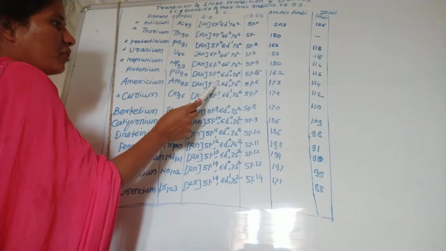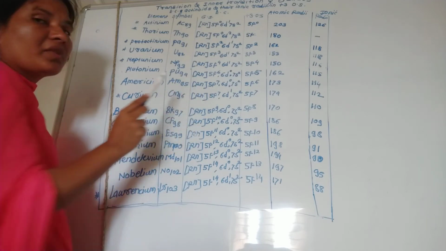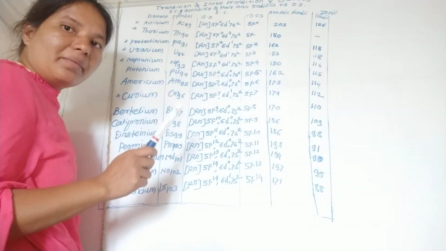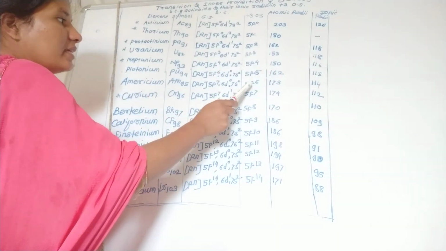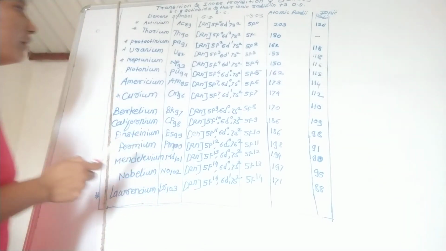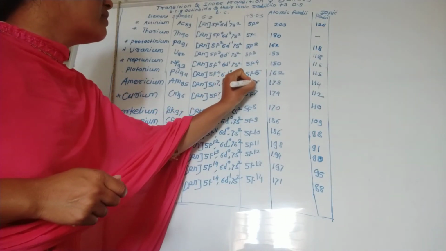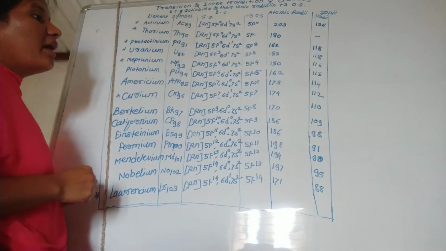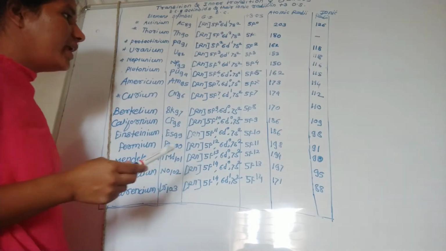That means 1 electron enters in the f orbital, not d orbital, because it is now half filled, and when this element is half filled then it is stable. Okay, then in its f orbital there are 7 electrons in the americium and its atomic radii 173, ionic radii is 114 picometer.